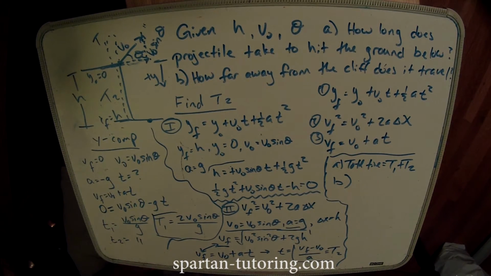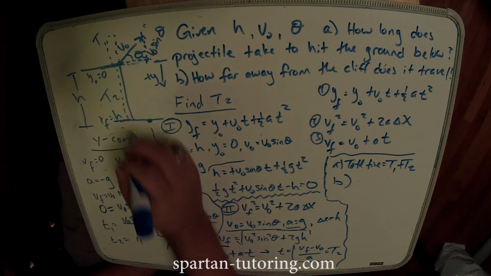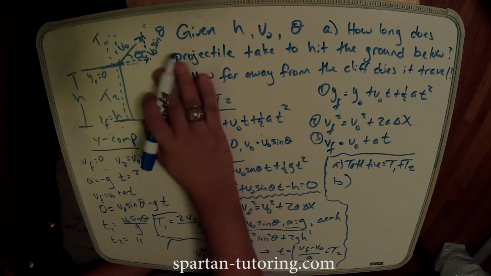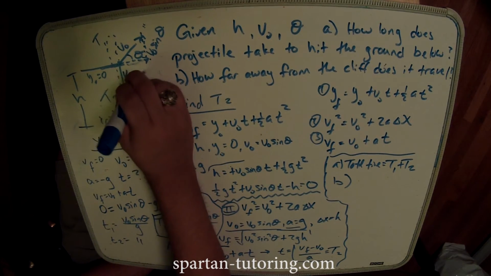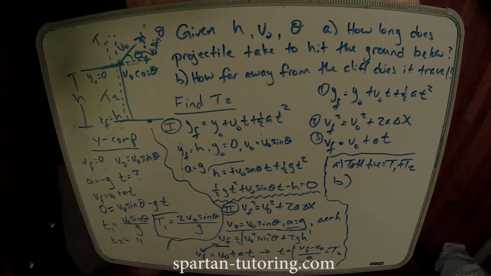Part B says, how far away from the cliff does it travel? This is wonderful, okay? Because now, since it's in the x direction, I'm going to do that completely independent of the y direction. The x component, since it's adjacent to the angle, is v naught cosine theta.